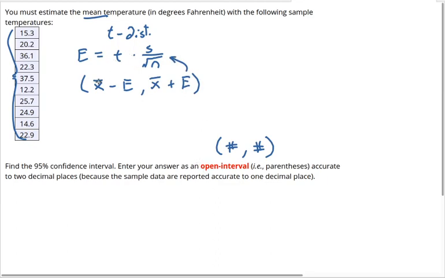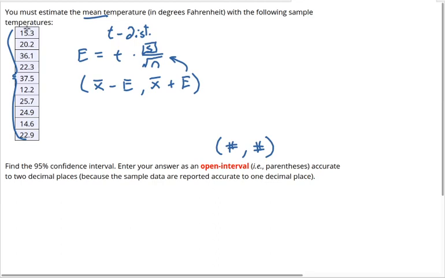So I'm going to calculate the mean, I'm going to calculate the standard deviation, and I need to know what n is. But n is pretty easy in this example. I just have to count up how much data. Now the way you want to calculate s and x bar, use a spreadsheet. So let's start there.